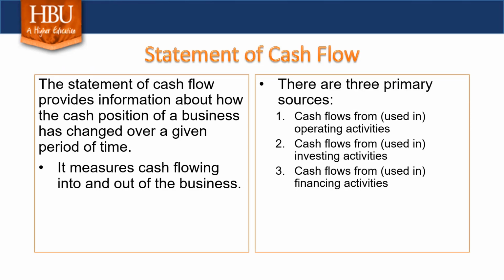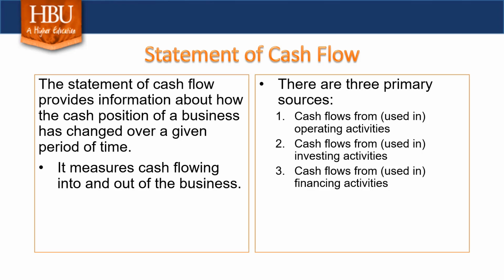One of the key terms we talked about earlier was the statement of cash flow. So let's look at that a little more in depth. Just as a reminder, that statement of cash flow provides information about how the cash position of a business has changed over a period of time. It essentially measures cash flowing in and out of the business at that designated period of time. There are 3 primary sources of cash flow.